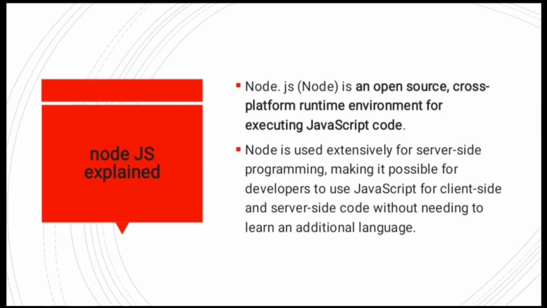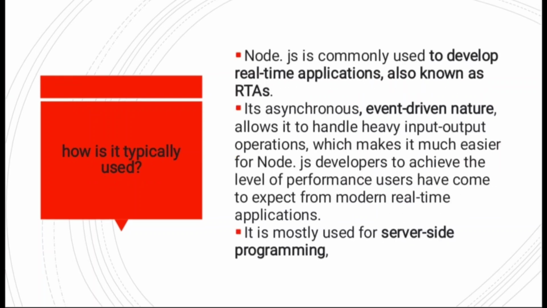So Node.js. Node.js is an open-source, cross-platform runtime environment for executing JavaScript code. Node is used extensively for server-side programming, making it possible for developers to use JavaScript for client-side and server-side code without needing to learn an additional language.